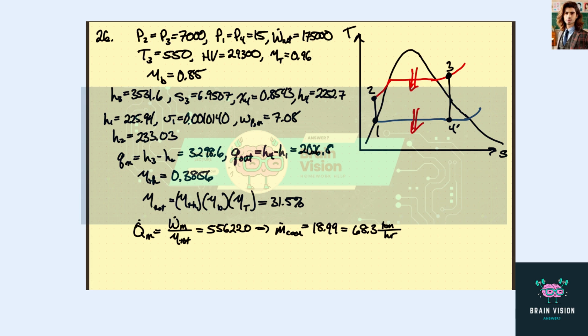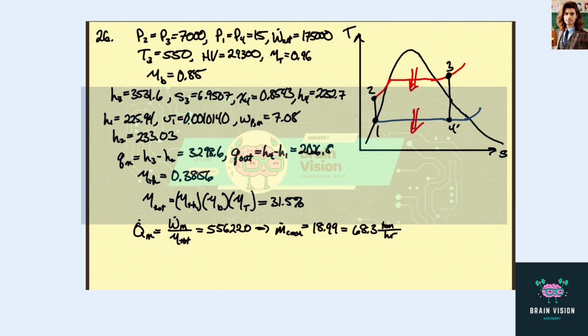We can get the quantities at 4, and I'm not really making a distinction because we have this efficiency that we're going to add in later, since we're given enough information. We can figure out the heat transfer here and the heat transfer here, and so the thermal efficiency of this cycle.